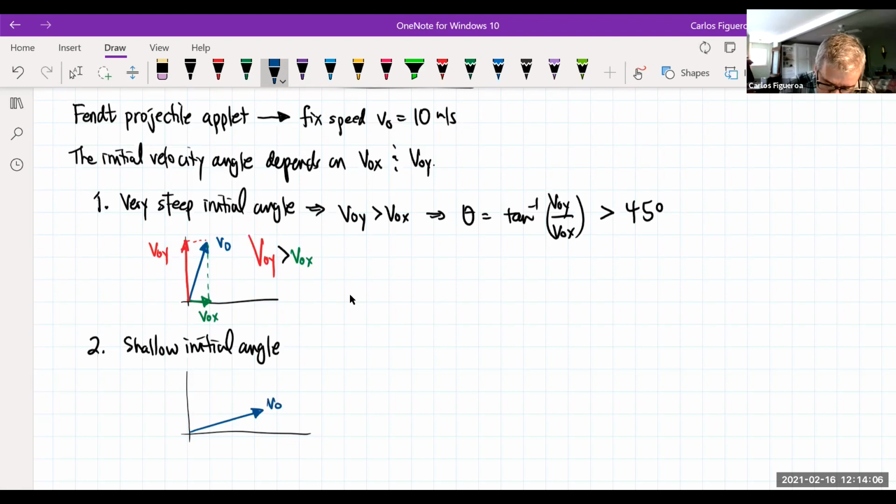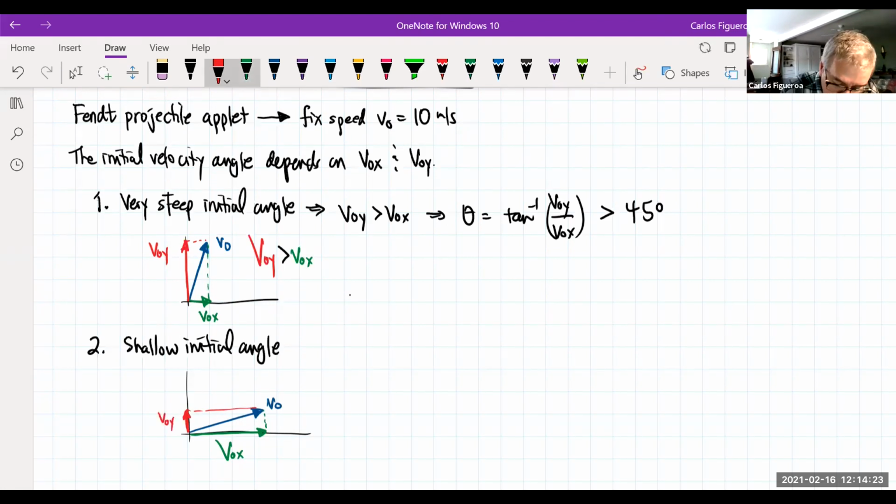If this is my initial speed and both of these have the same length, when I do my projection, look at my X component. My X component is going to look like this. My Y component is going to look like this.